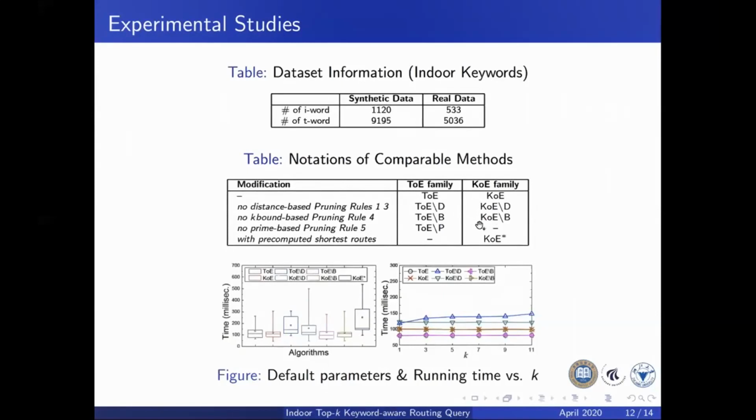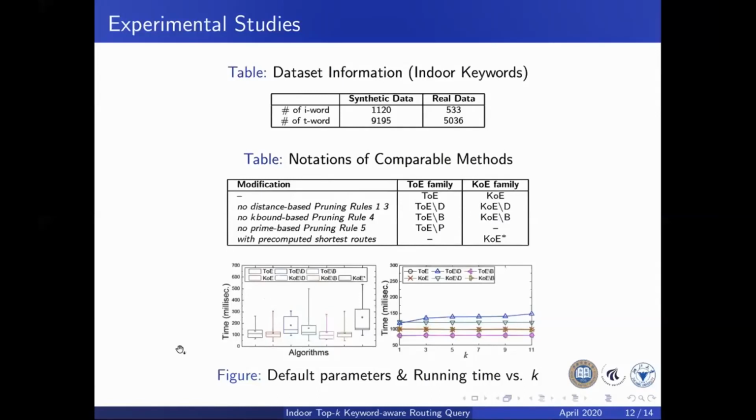The KOE-based algorithms fluctuate more on different query instances, while the TOE's expansion is relatively stable because they always find the next door according to indoor topology rather than the keyword list QW.